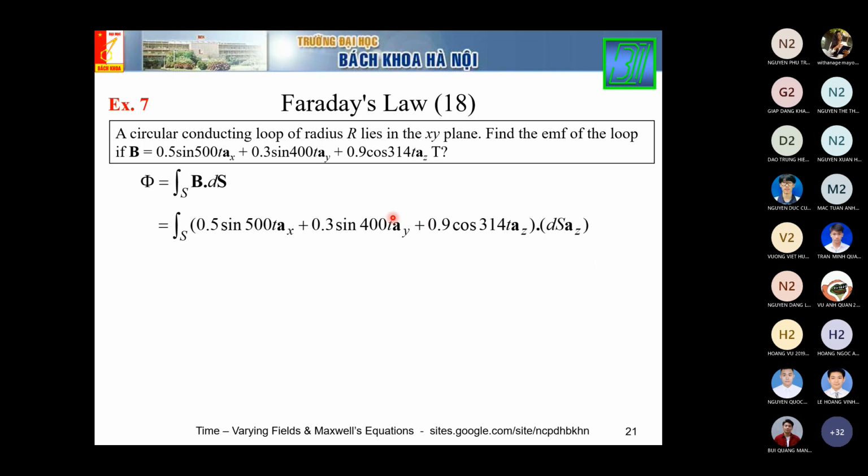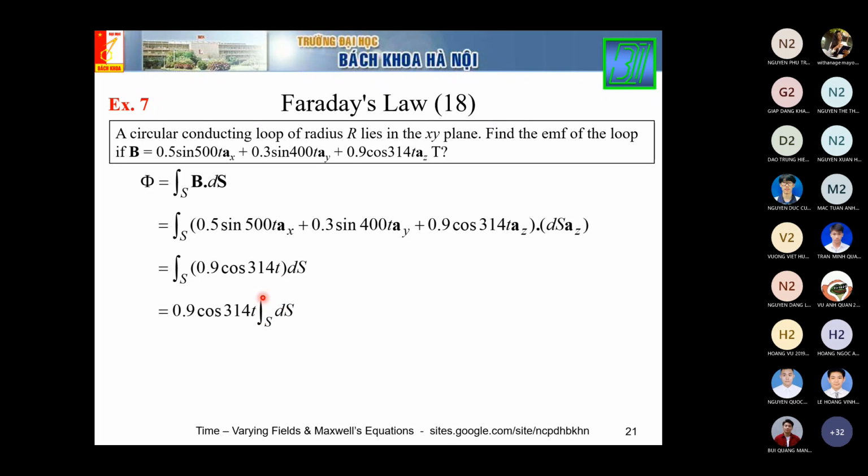Now we can find the dot products. a_x dot a_z is 0, a_y dot a_z is 0, and a_z dot a_z is 1. Then here you are, we keep only the last term. Once again, t is a constant with respect to space, so we can move this one outside the integration.